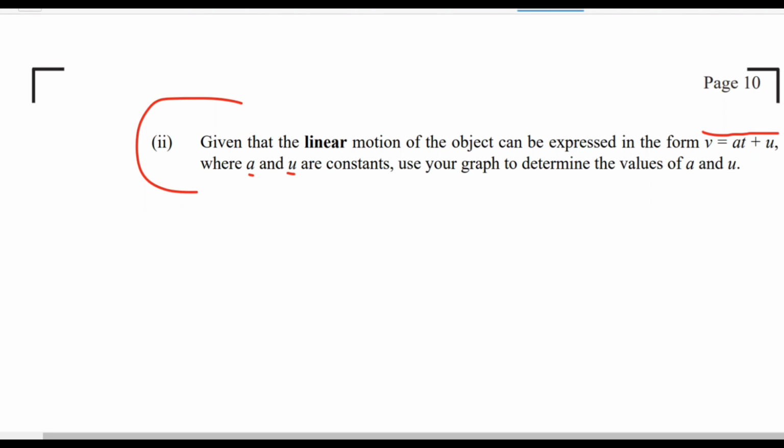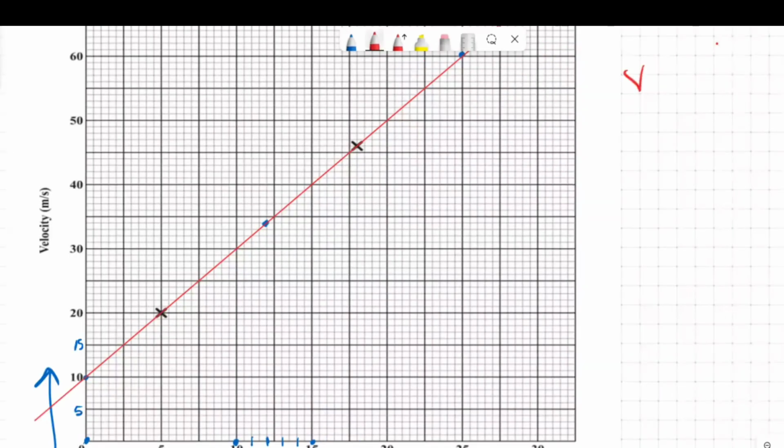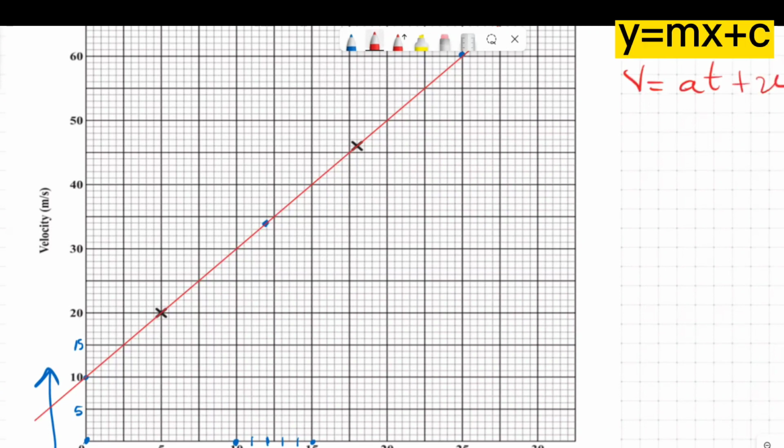All right. So I'll use this idea, v is equal to at plus u, and I want you to think about this. y is equal to mx plus c, where m is going to be like the a and the u is going to be like the c.